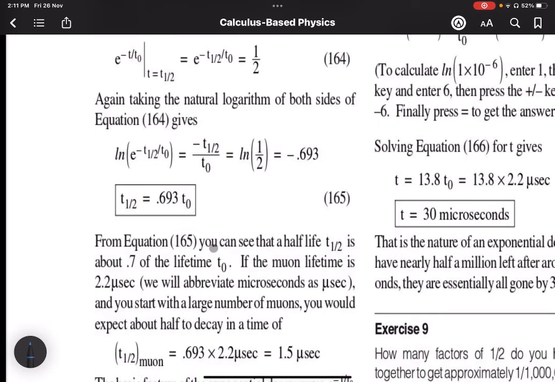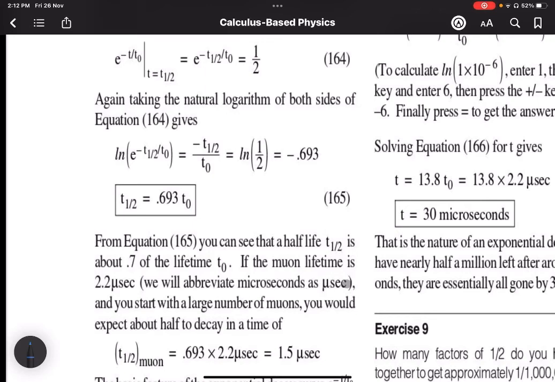From the equation, you can see that half-life t1 half is about 0.7, you round up, of the lifetime T0. If the muon lifetime is 2.2, we will abbreviate microsecond as usec. Yung Greek na symbol na to represents micro.